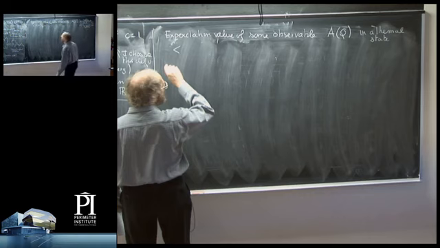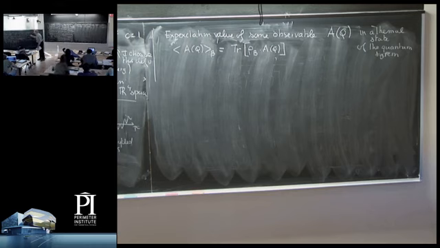Okay? And of course, we know that this is the trace of rho beta times A of Q. Okay? That's the definition, from the principles of quantum mechanics and the properties of the density matrix, as it has been defined by von Neumann and Landau at the end of the 20s.